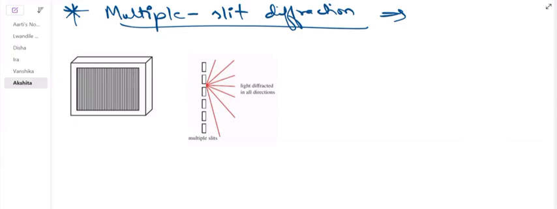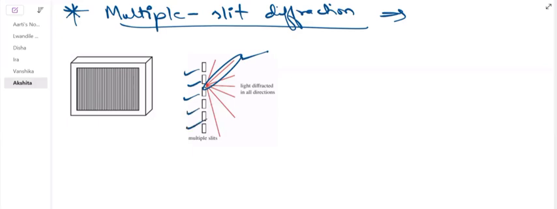And how does it interfere and form the light? So I will take only one fringe right now. Let's say I have taken this fringe, and now I am taking out this particular fringe from all the slits. Let's see what will happen.